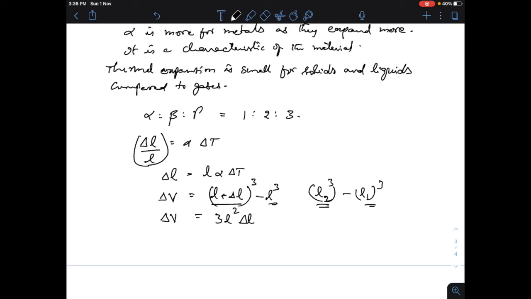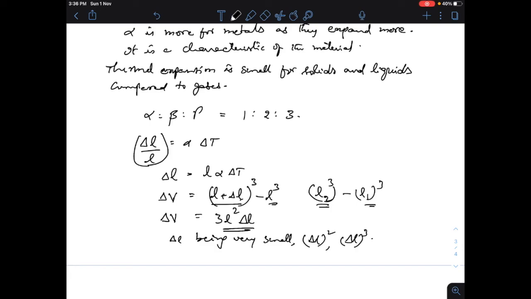How do I get 3L square delta L? When you expand a plus b whole cube, you will have a delta L square term and a delta L cube term. Delta L being very small, we can neglect the delta L square term and delta L cube term, so you remain with this term.